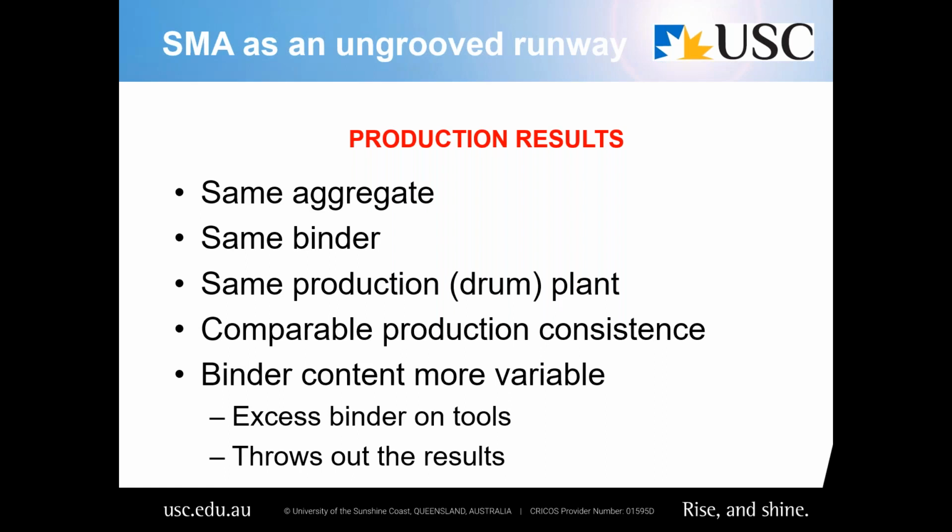The only thing really worth commenting on was that the binder content that we measured each night was a bit more variable for the stone mastic than it was for the dense graded. But it's because all this extra bitumen gets stuck on the tools that the lab technicians use to split the samples up when they're doing this testing. And they actually have to scrape that off essentially by hand and distribute it amongst the different samples.